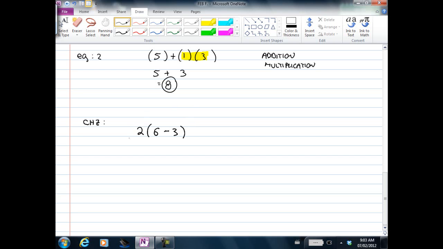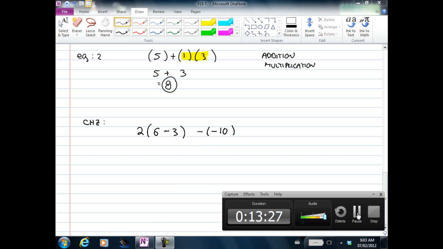I'm going to have a 2 in front of this bracket. Minus a minus 10. I want to see who can figure out this nasty equation. I'm going to pause it and let you try this on your own.